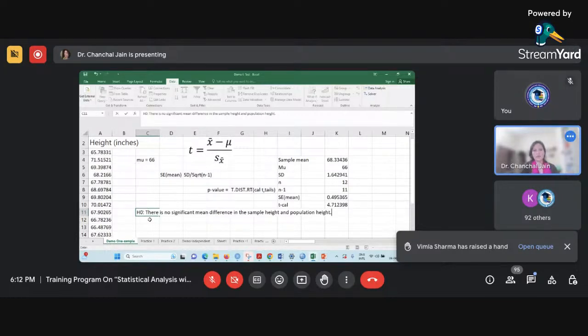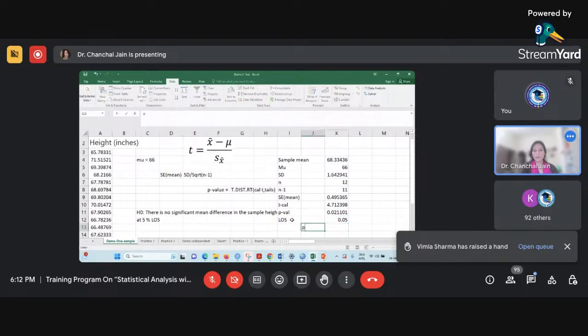Suppose this is our hypothesis and we want to test this hypothesis at 5% level of significance. So that means the LOS would be 0.05.